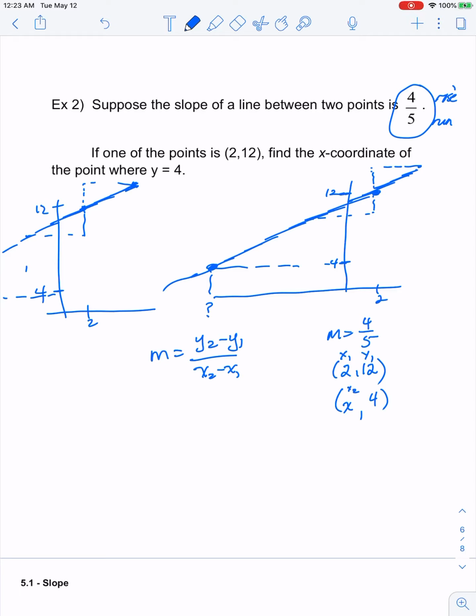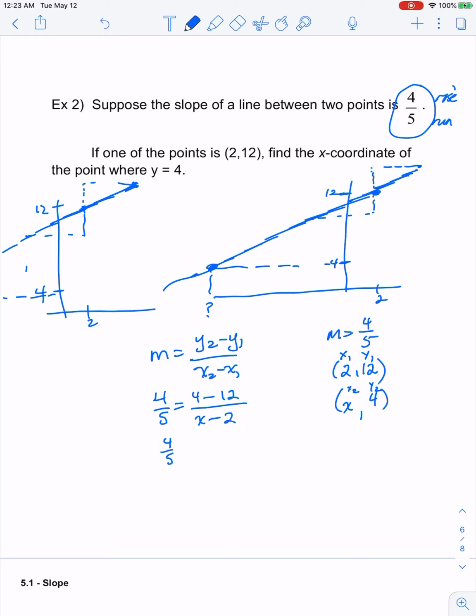This is going to be x2 and y2. So 4/5 equals y2, which is 4, minus y1, which is 12, over x2, which is x, minus x1, which is 2.